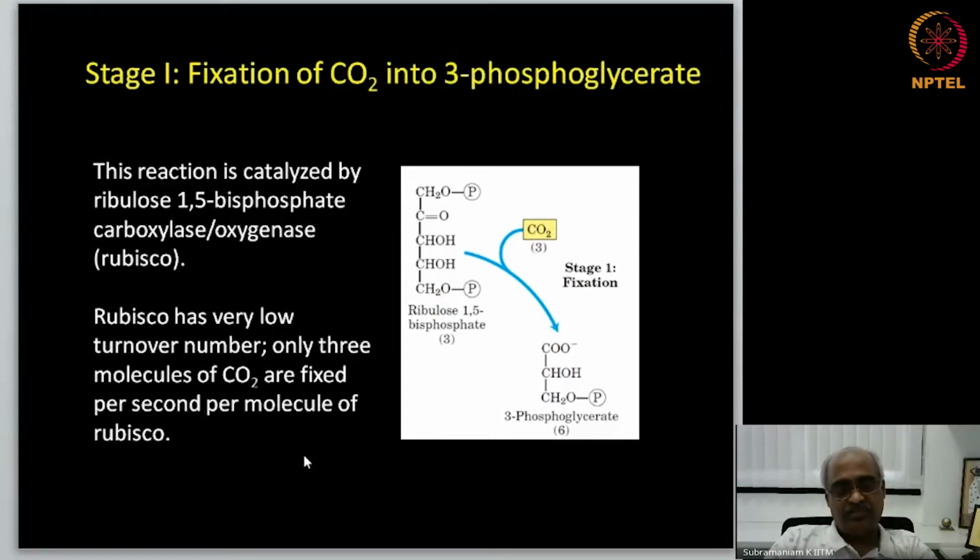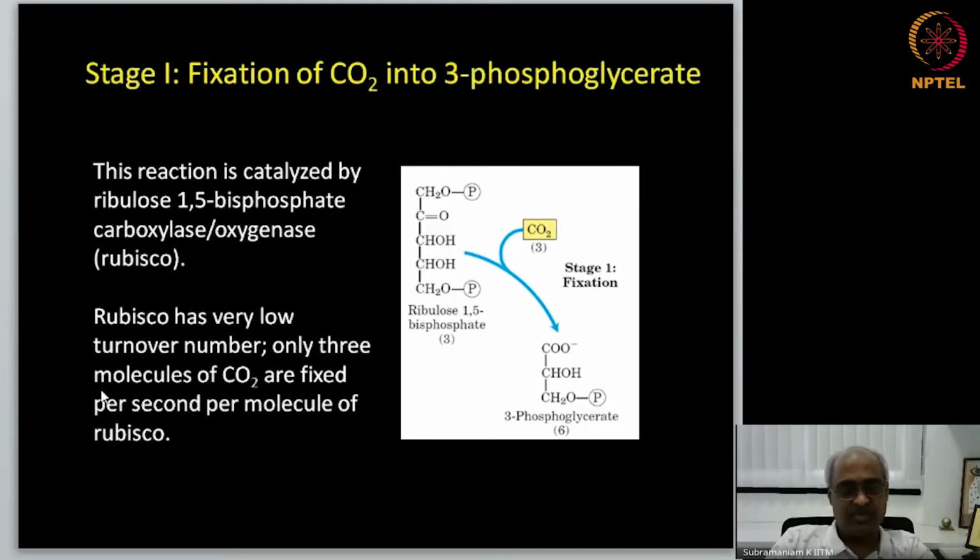As a result, the chloroplast has a large number of Rubisco molecules to enable sufficient carbon dioxide fixation. Due to this, Rubisco is the most abundant enzyme in the biological system.